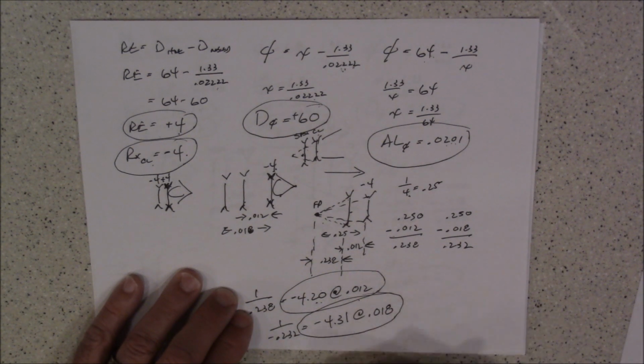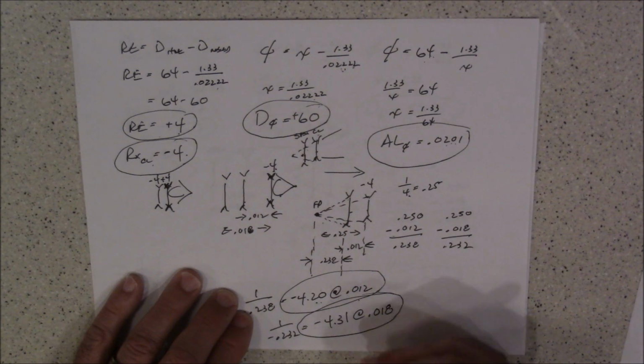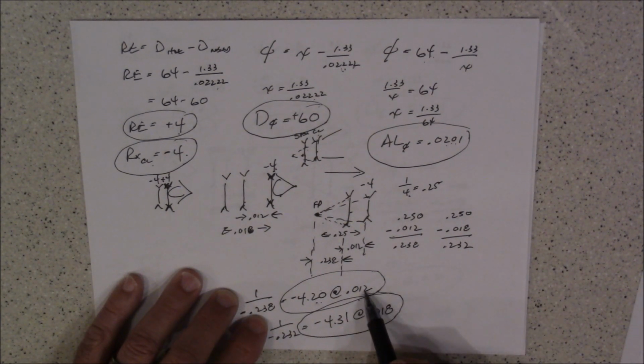The vast majority of spectacle frames are going to be designed for an average person worn at a 14 millimeter vertex distance. And you'll notice that at 12, which is under 14, it's just under a quarter diopter, and at 18, more than 14, it's just over a quarter diopter. All right, so that's where the magical 4 is.